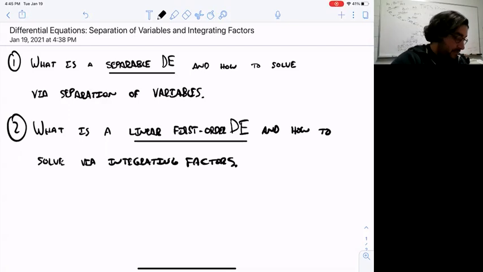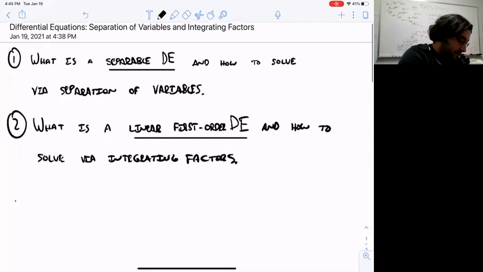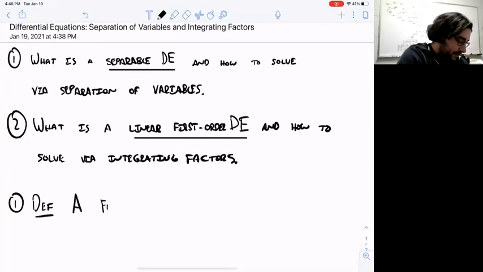So first off, let's do number one, our definition. Here everything is first order right now.